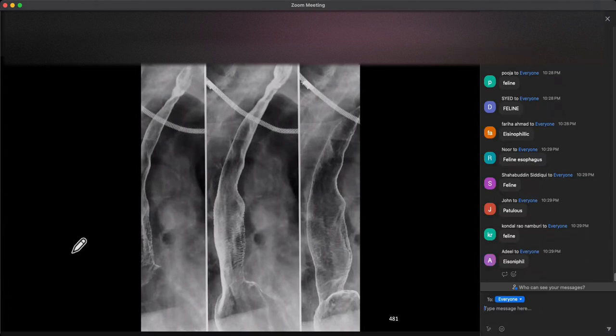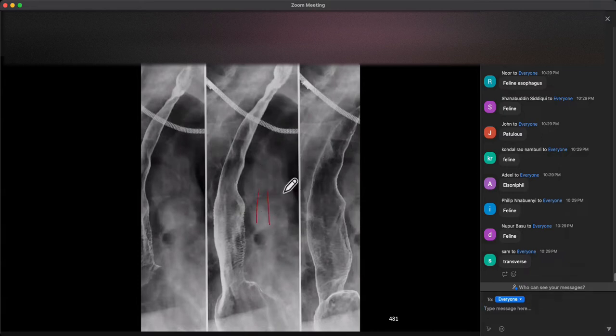And the feline esophagus is esophageal inflammation from eosinophilic esophagitis. And the reason why they call it feline is that cats have this kind of mucosal pattern. It's transverse rings, whereas the normal mucosal pattern is, of course, longitudinal. So this is a feline esophagus.